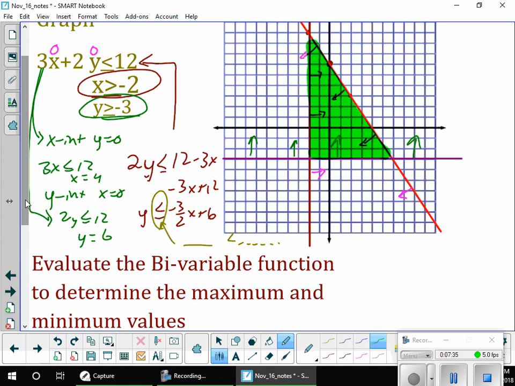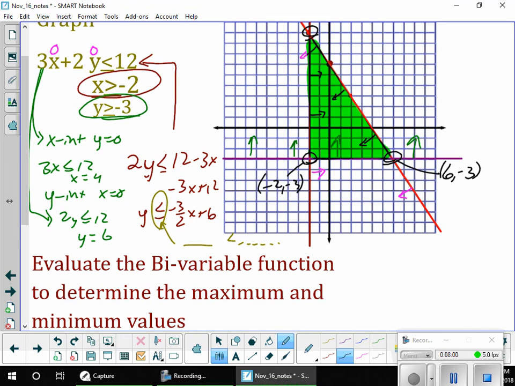There is a rule, a law, a theorem, whatever, that says something along the lines that all you need to do is look at the vertices of the boundary region. So if I look at these vertices, I've got a 6, -3 there. I've got a -2, -3 there.